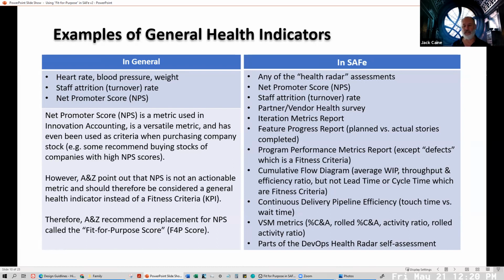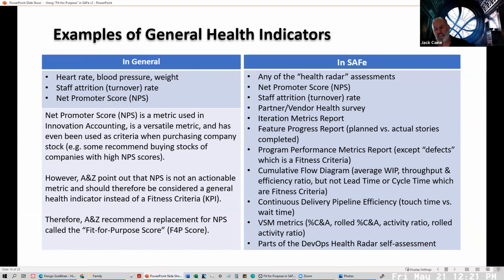When we do value stream metrics even, the percent complete and accurate, the rolled percent complete and accurate, the activity or efficiency ratio of the step or the system, the rolled activity ratio, these are just general health indicators. They are not performance metrics, okay? They allow us to start seeing things in a different way and look for improvement perhaps in that area. Give us a warning ahead of time as well.